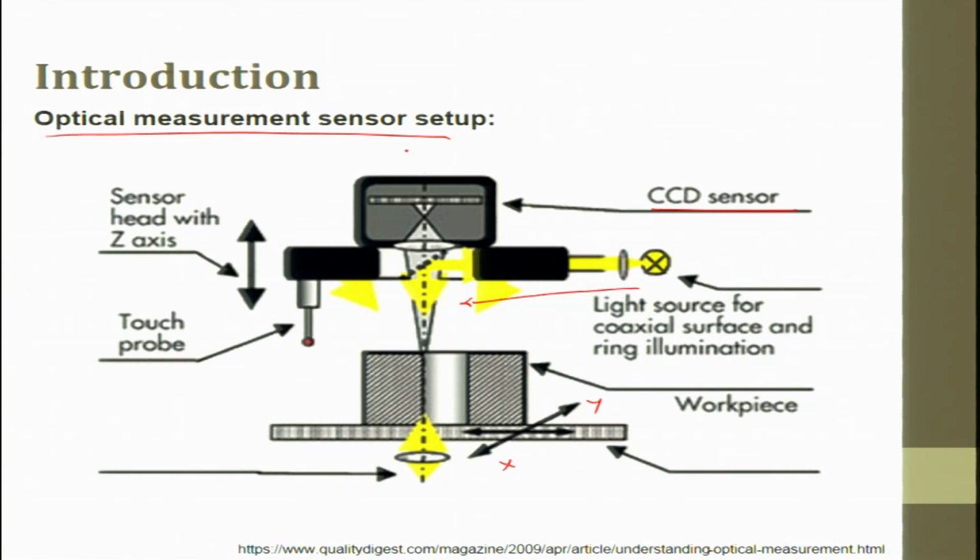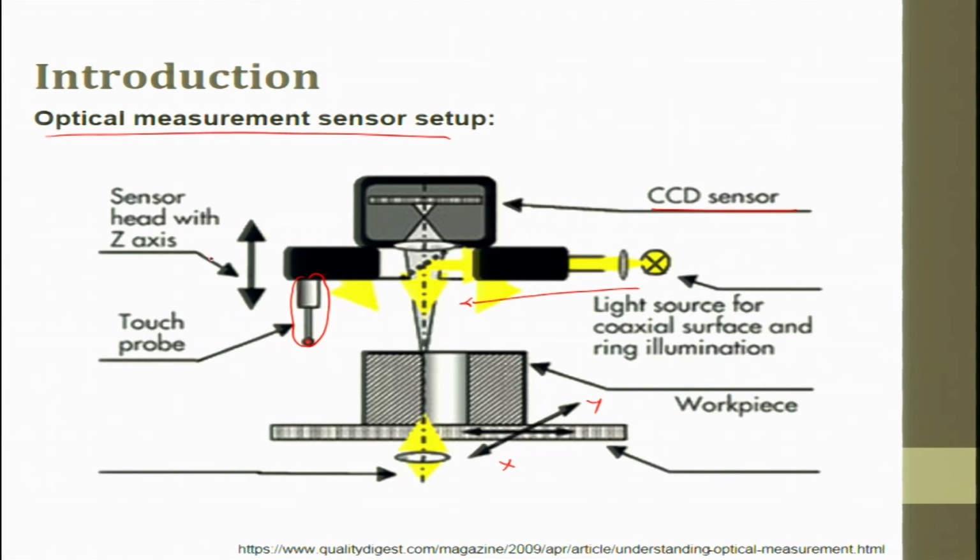So, in this optical microscope, it is also interesting to note that they also have a touch probe. So, it is used to give a rough estimate, or low resolution measurements can be done here, and then we get into optics wherein high resolution can be done here. So, light source for coaxial surface and ring illumination. So, there is a light source which comes, and then this is a touch probe which can go. The sensor heads with the Z direction.